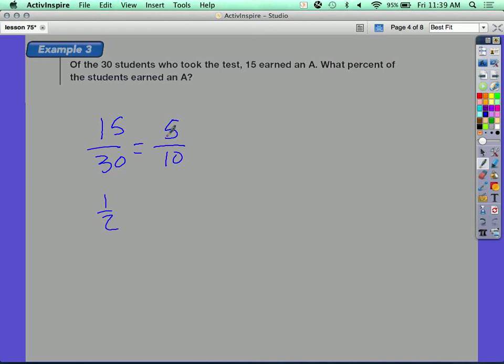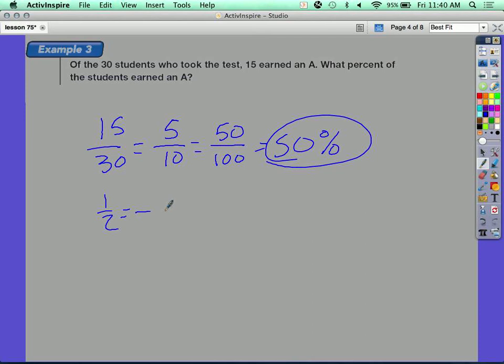The reason I got this bottom number to be 10 is because going from 10 to 100 is easy; we're just multiplying by 10. So 10 times 10 is 100, 5 times 10 is 50. It's all out of 100, so I write my numerator, my top number, with a percent sign. If I were to reduce it to 1/2, I need to get this to 100. 2 times 50 is 100, so 1 times 50 is 50. It comes out the same. Somehow we have to get that fraction to be out of 100.